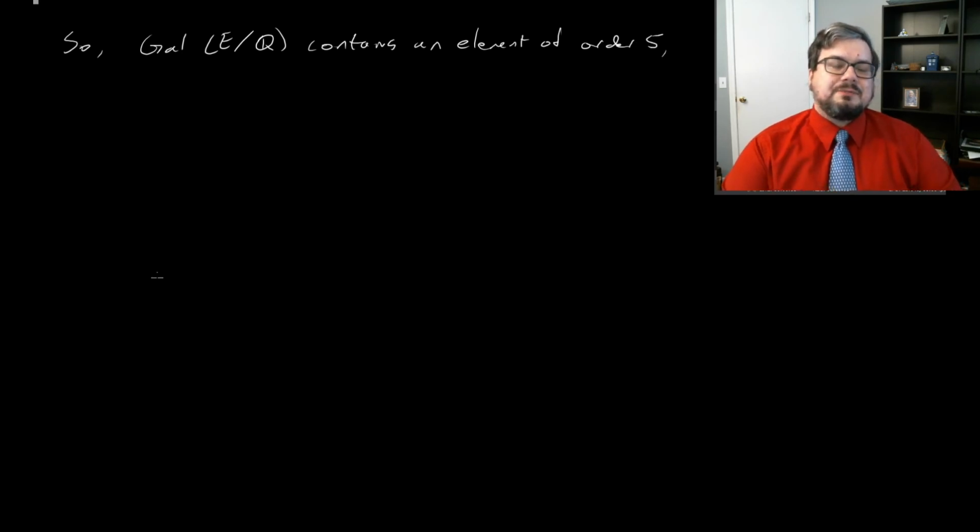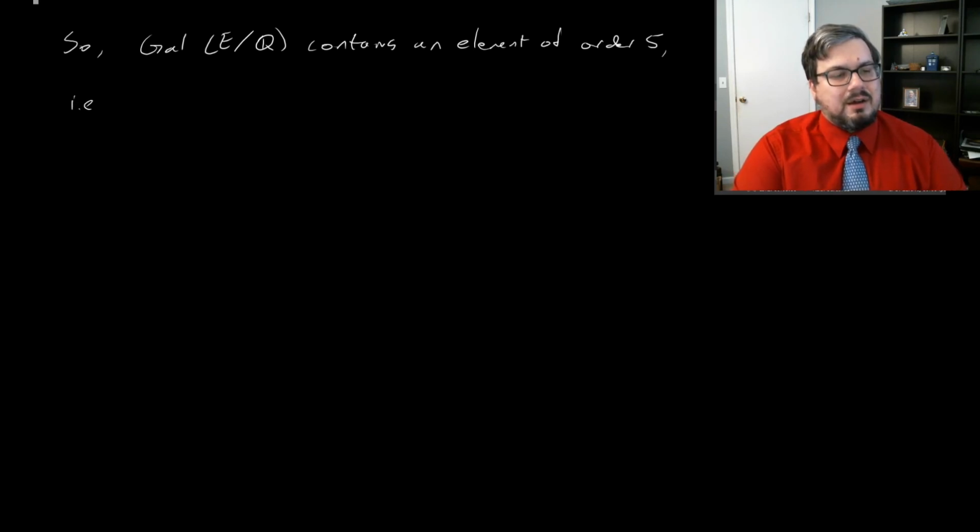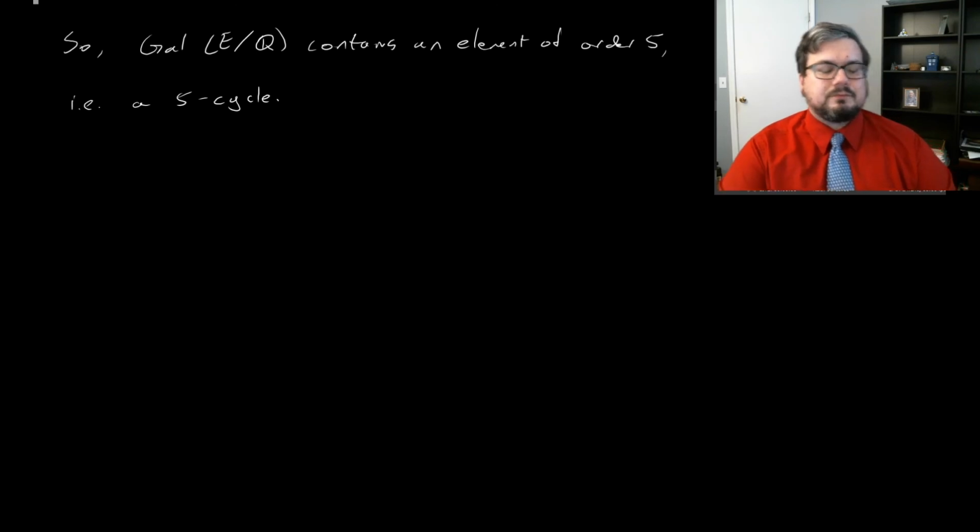But the only elements of order 5 inside the symmetric group on 5 elements are the 5-cycles. So this tells us that there exists some automorphism of the splitting field of f which cycles the roots of f around and has order 5.